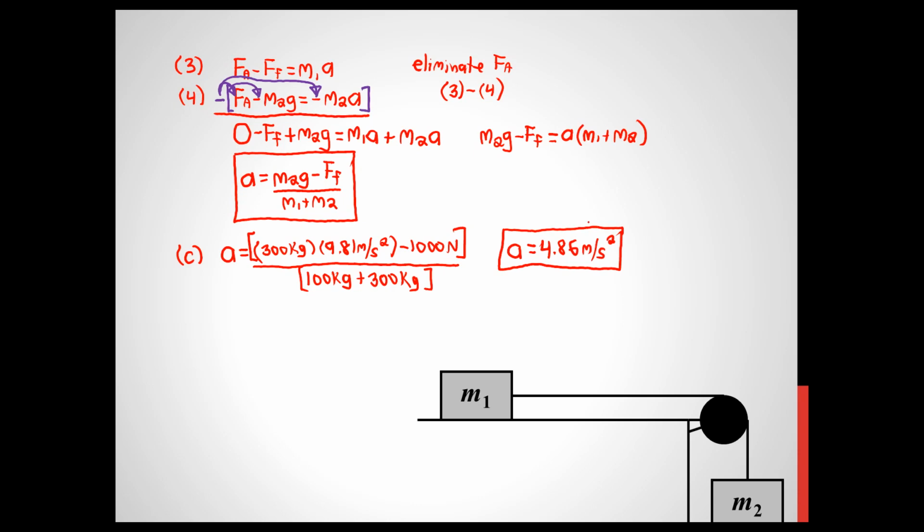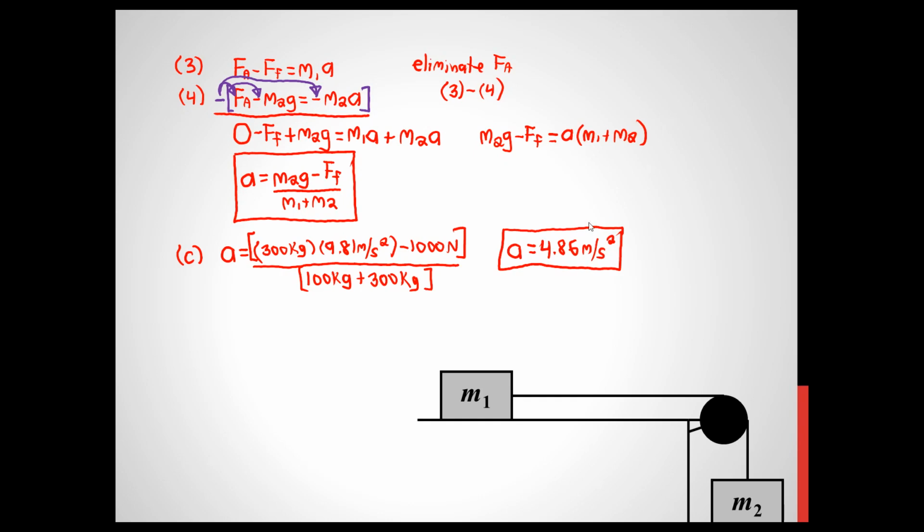Okay, now we also want to calculate tension. Part B was a lot of work to determine the magnitude of the acceleration. But it turns out that when you solve a system, once you get one variable, it's really easy to solve for the other one.